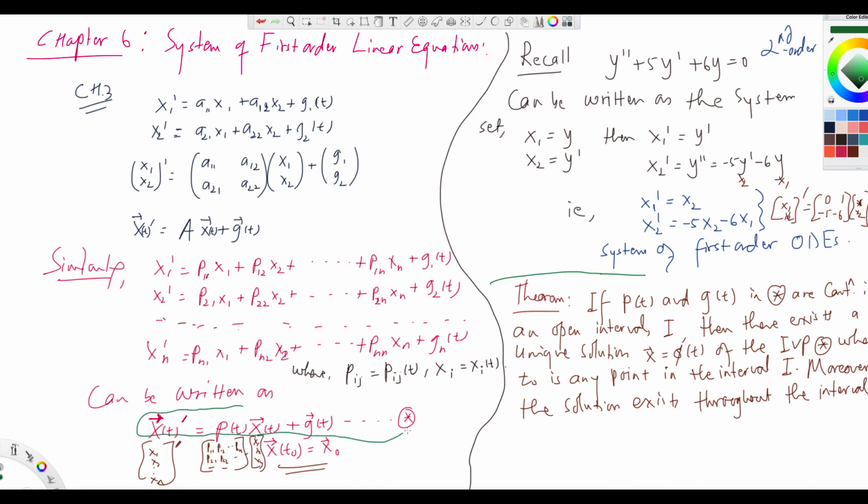If P(t) and G(t) in the equation star are continuous in an open interval I, then there exists a unique solution x equals phi(t) of the initial value problem, where t0 is any point in the interval I. Moreover, the solution exists throughout the interval I, not only at a point, but anywhere in that interval. That is the existence and uniqueness of the solution.